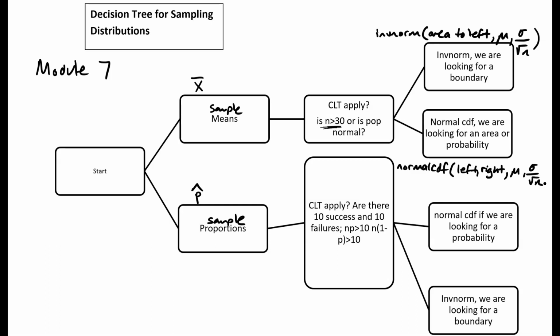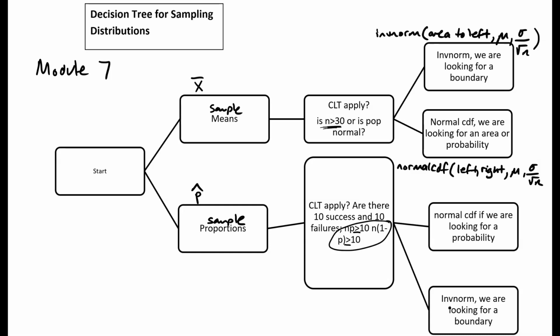This changed a little bit with the distribution of sample proportions. Remember, the distribution of sample proportions also had the idea of the central limit theorem, where we needed n times p to be at least 10, and n times 1 minus p also needed to be at least 10. Those were the assumptions we needed to say that the distribution of sample proportions was approximately normal. Again, we used normal CDF and inverse norm.